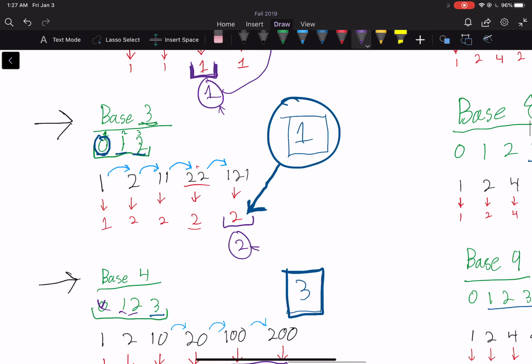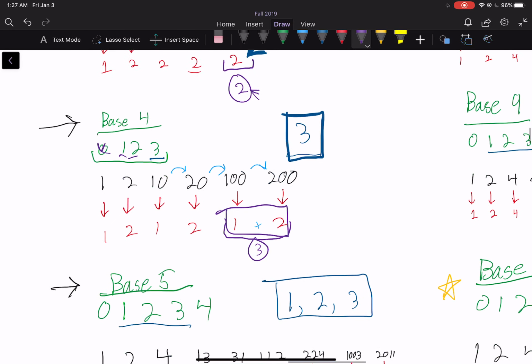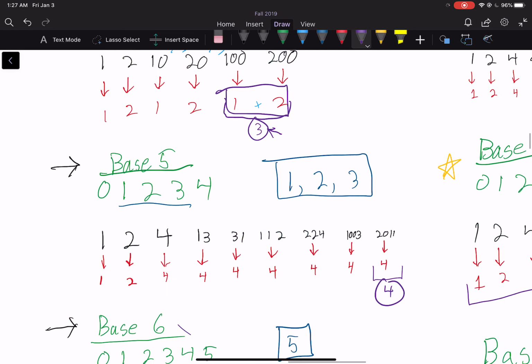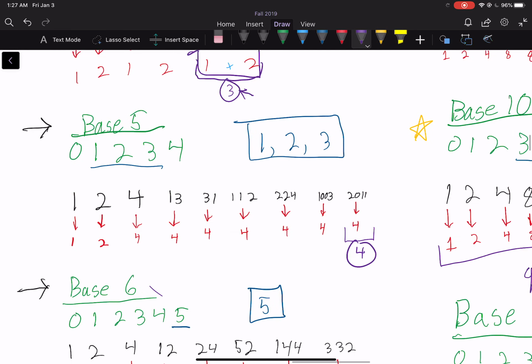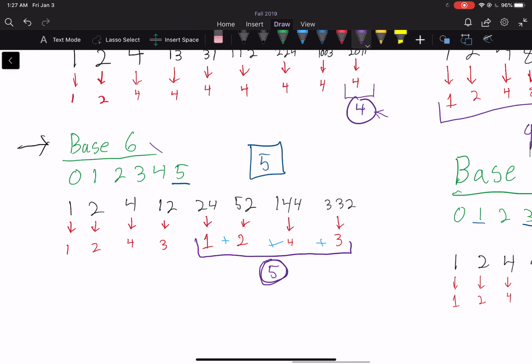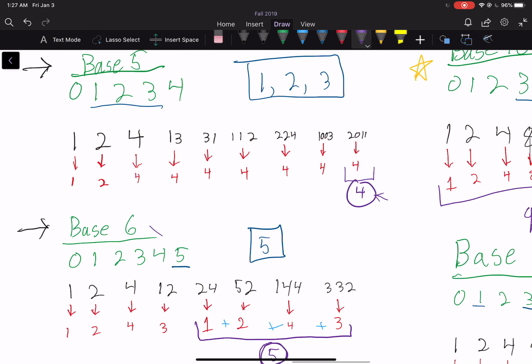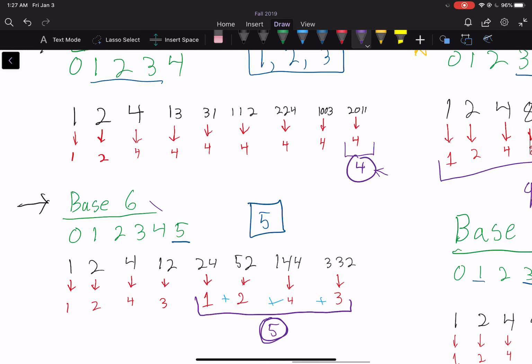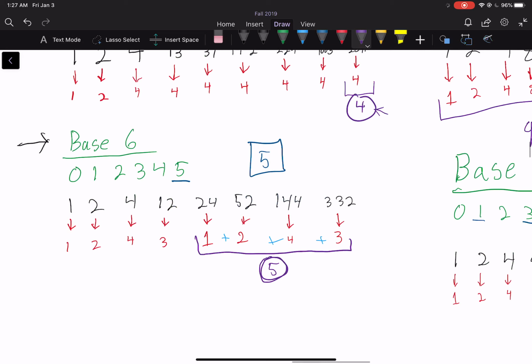Again, that applies to base 3, because that's 2. That applies to base 4, because this number is 3. And base 5, another simple one. But base 6, that's where things kind of tripped me up, because I was so used to this pattern of this number being 1 less than the base that we're in, and then I just decided to digit sum. So then, thankfully, this pattern still held true.